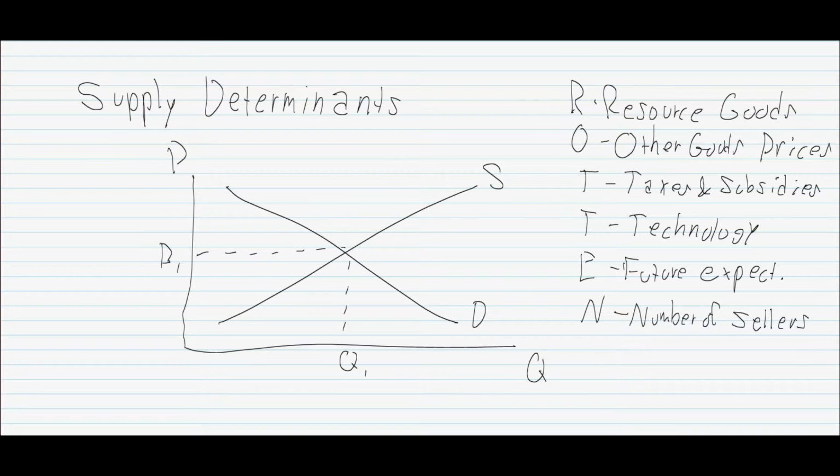Okay, other goods prices. That is a pretty tricky one actually. So I'll go and skip that until we finish everything else. I want to keep that one for last. Taxes and subsidies. For taxes and subsidies, think about this. The government puts a tax on the production of cars.